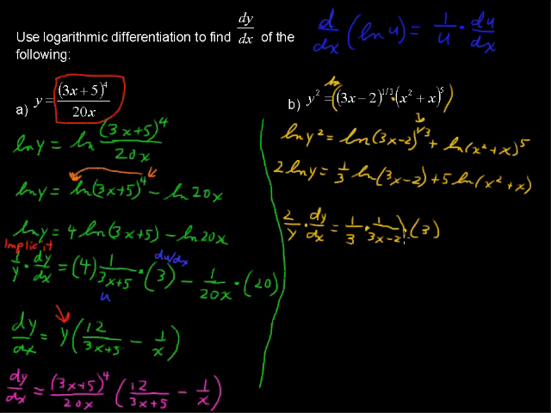I'm going to put this in parentheses so I don't get that mixed up, plus 5 times 1 over x squared + x, times the derivative of x squared + x, which is 2x + 1. Right on the edge there.